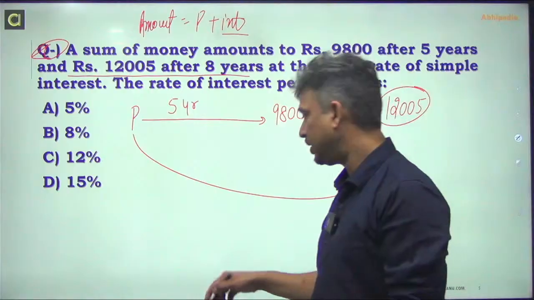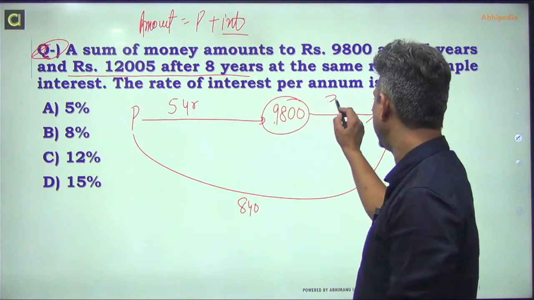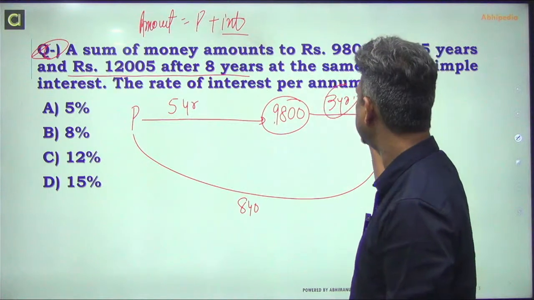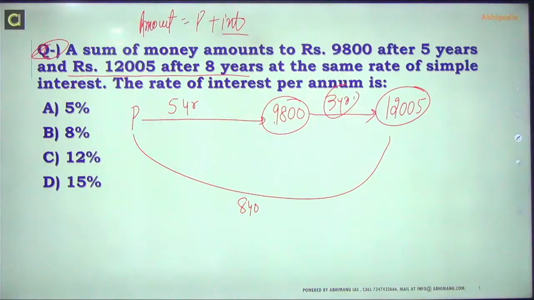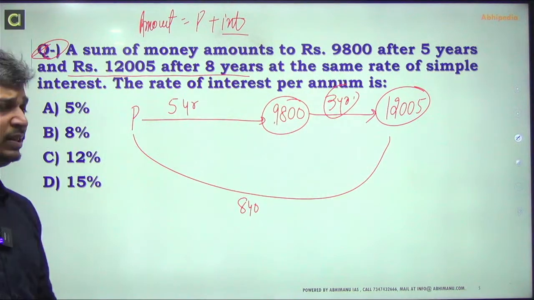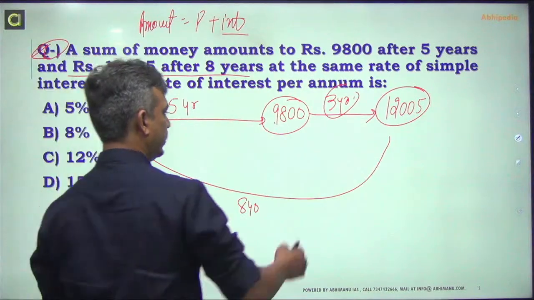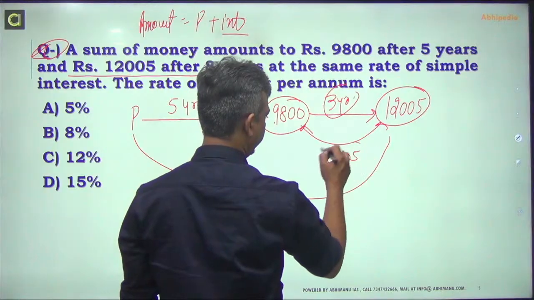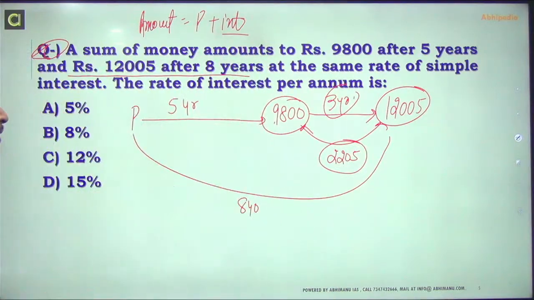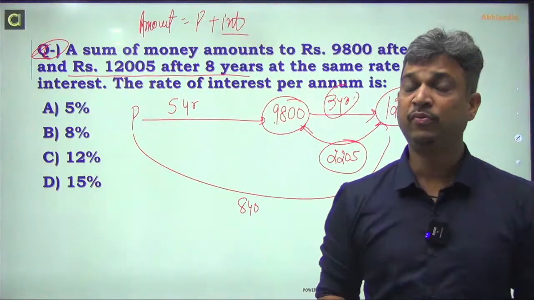So from this part to this part, we are taking 3 years for the amount to increase to 12,005. What is the difference between these two values? 12,005 minus 9,800 is 2,205, if I am not wrong. Clear? So we are getting a simple interest of 2,205 rupees in 3 years.